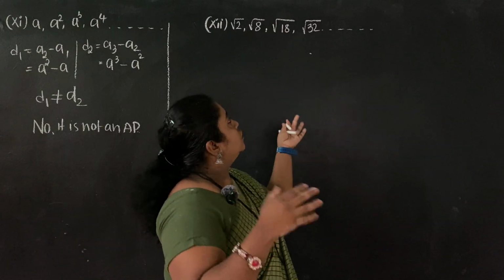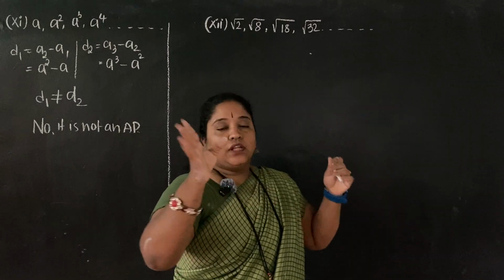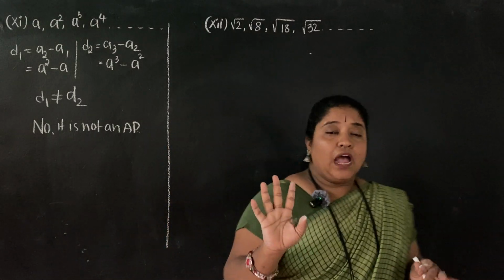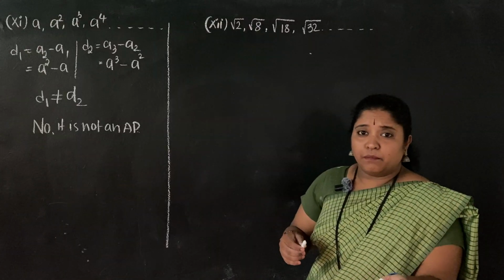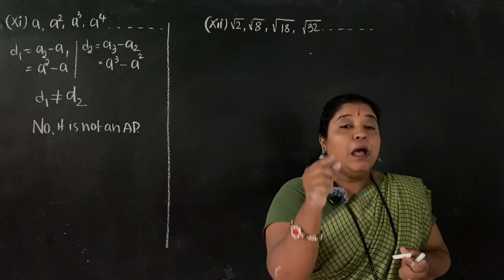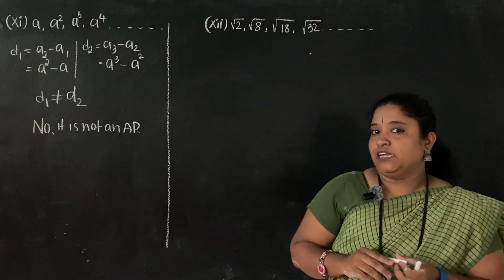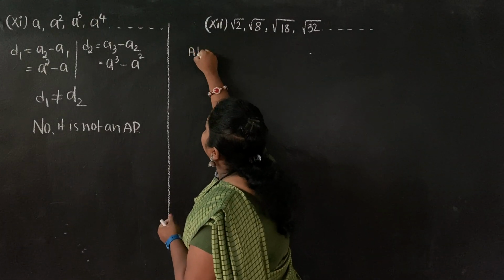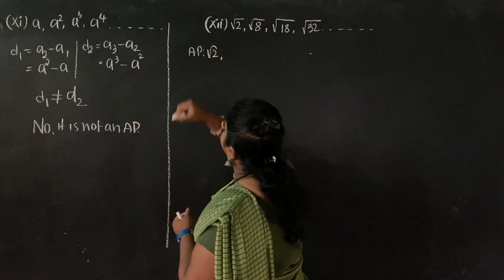Just looking at the question, 2, 8, 18, don't say they are not in AP. Understanding? Just simplify them. How can you simplify the irrational number? You know that we can split the irrational number in the form of a perfect square number and a multiplier. Yes or no? Root 2 I cannot simplify, dear. I'll be writing root 2 as it is, comma.